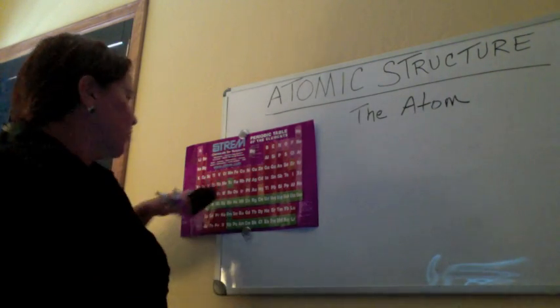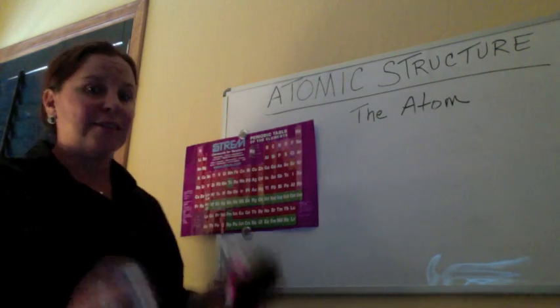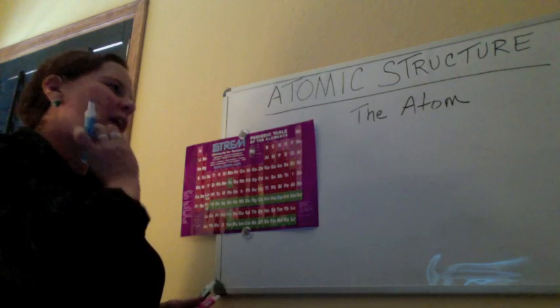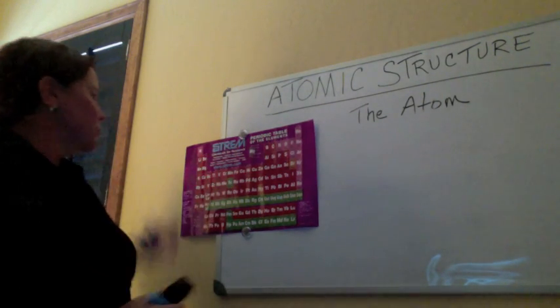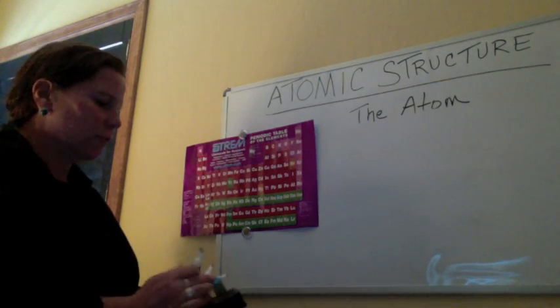So, and I'm going to kind of talk through how you read a periodic table at the same time that we do this. So, okay, we're going to start with our hydrogen atom. Hydrogen is first in line, and it has an atomic number, and I'm going to write these down.